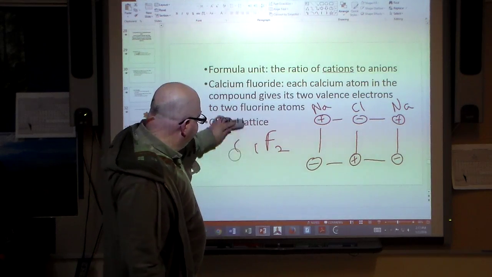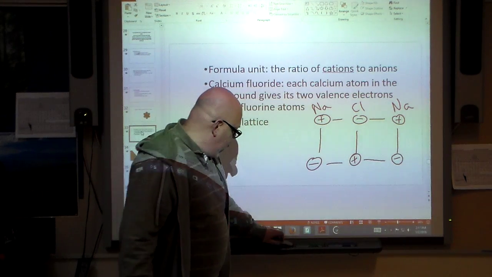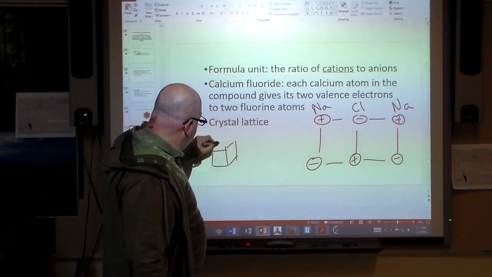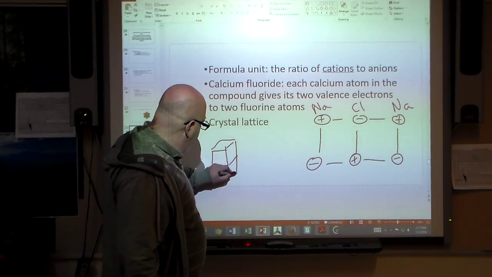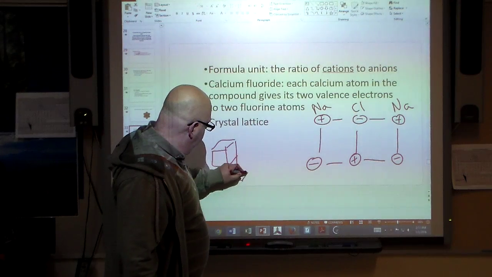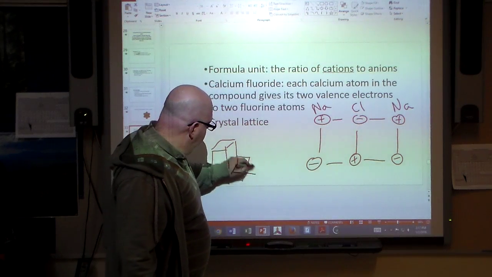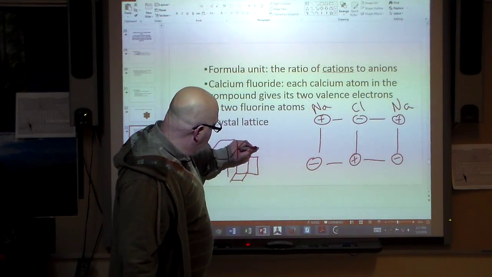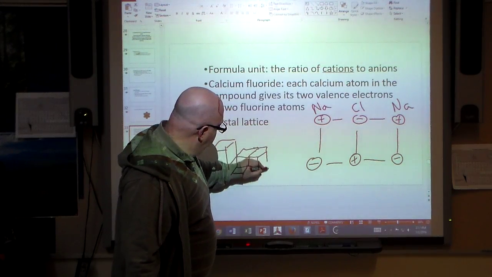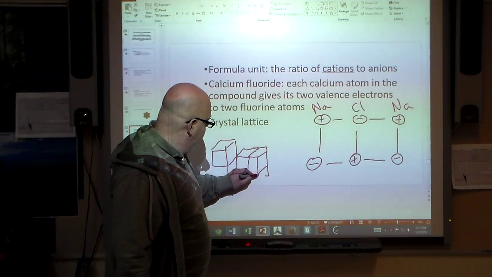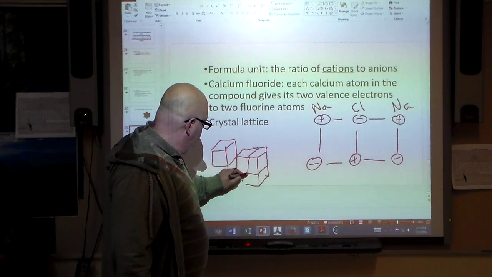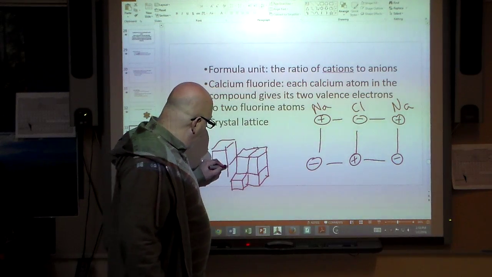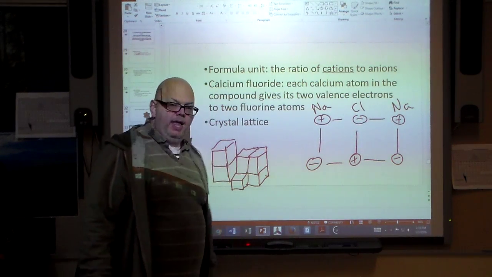Now, if I were to look at a crystal lattice another way, three-dimensionally, this is where you start looking at what a crystal lattice looks like.